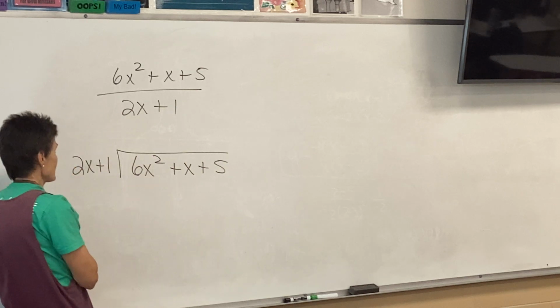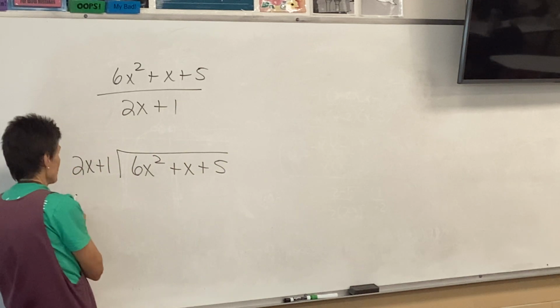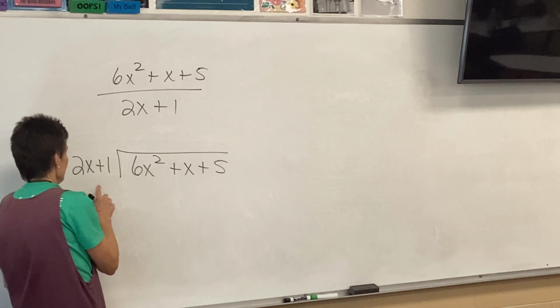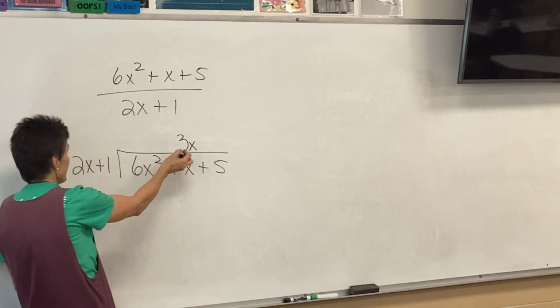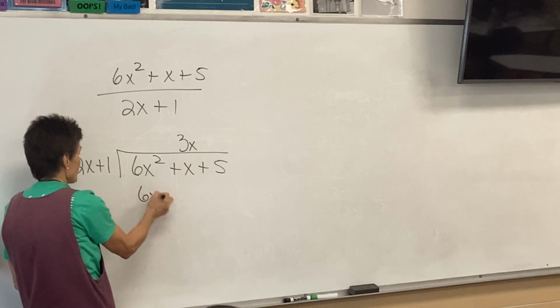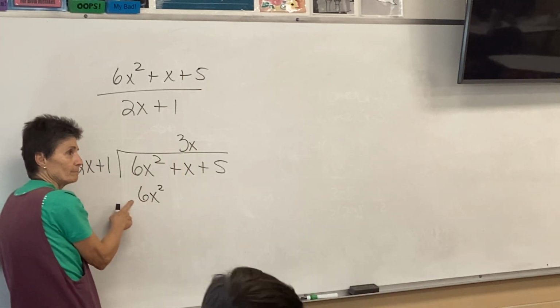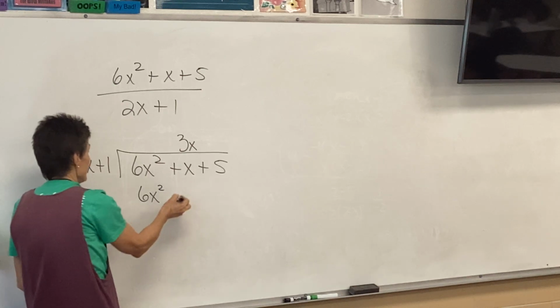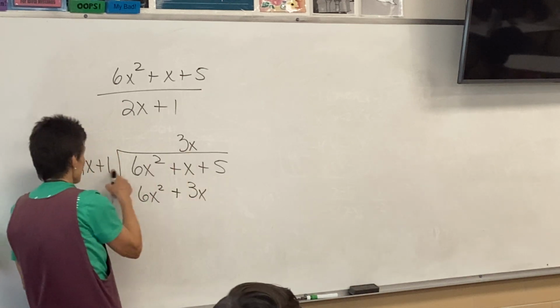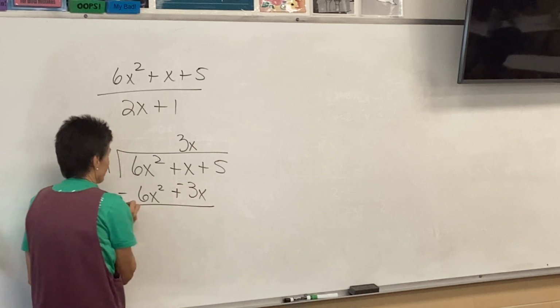I know we went through this a couple times before, but just to make sure, let's see, I made a 3x, so that when I times, I get 6x squared, that's my goal, right? And then plus 3x, 3x times 4.